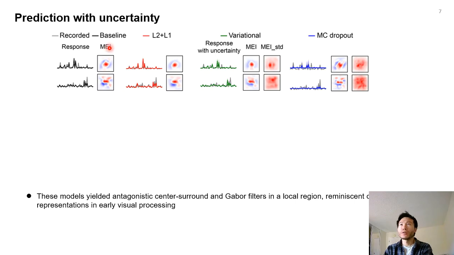We also show the MEIs and the standard deviation of MEIs. We will talk about this more later. We can see that these standard deviations are not uniform across pixel space. Therefore, these models yield antagonistic center-surround and Gabor filters in the local region, reminiscent of neural representations in early visual processing.